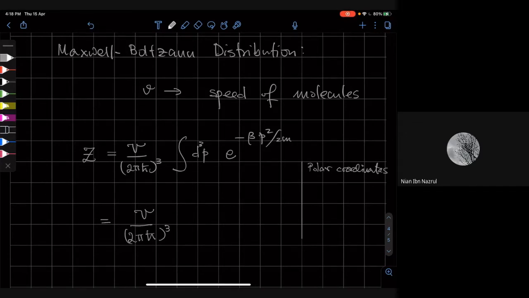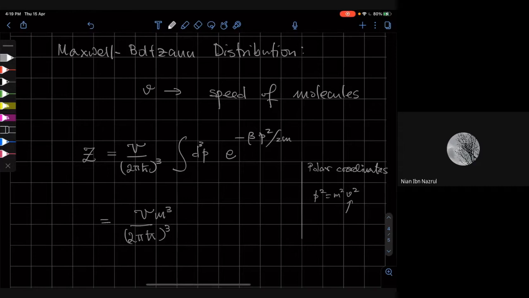But before we do that, we can convert the integral into an integral over the three components of the velocity. So we have an m cubed coming from that, and p squared is m squared v squared, right?